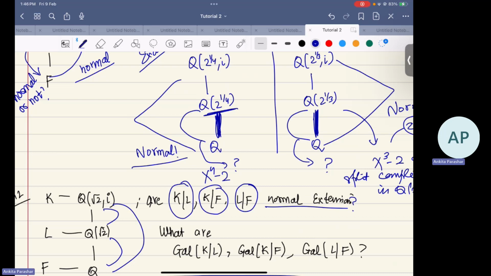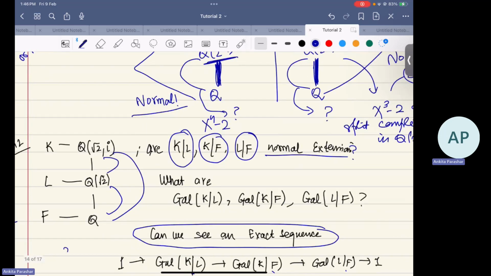Okay, so you can see that for this you have x^2 minus 2, and for this you have x^2 plus 1. These are the irreducible polynomials, and therefore degree 2 here, and here it is degree 4. For degree 2, you don't even need to check.